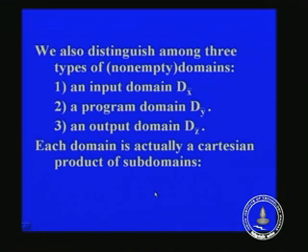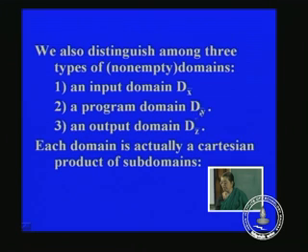Now, the inputs are defined over input domains. We have to specify the input domains. Similarly, each program variable will have a domain on which it is defined, and then there is an output domain on which the output variables are defined. We also distinguish among three types of non-empty domains: an input domain Dx bar, a program domain Dy bar, and an output domain Dz bar.